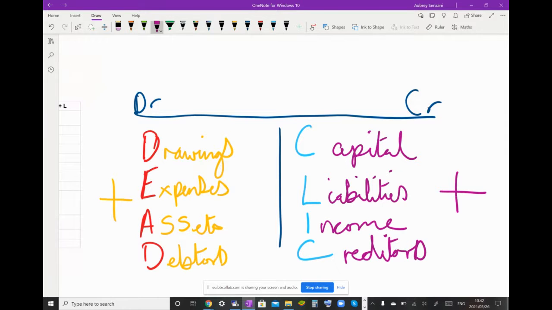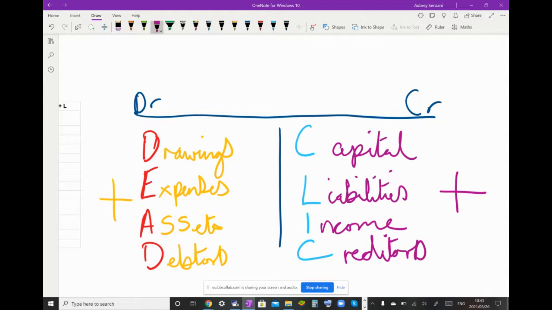Okay, so what's happening over here? Basically, we're saying that all of the stuff on the left, drawings, expenses, assets, debtors, increase whenever there's an increase or they occur. Whenever we have drawings, we debit the drawings account. If we need to reverse, or if it's going down, we'll credit drawings.